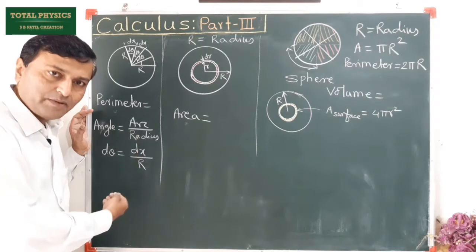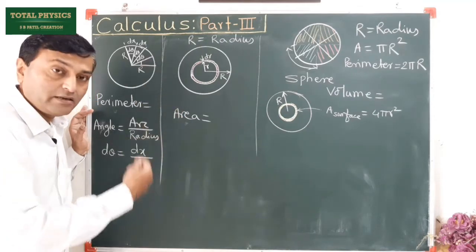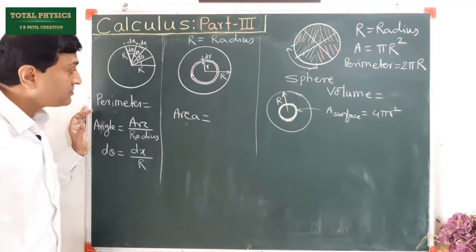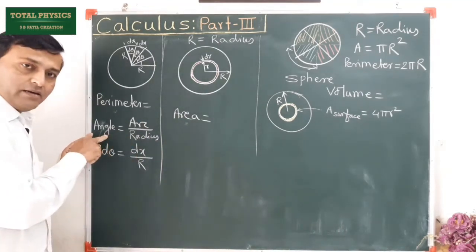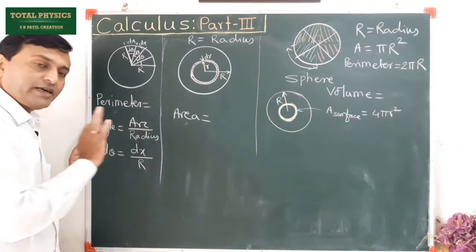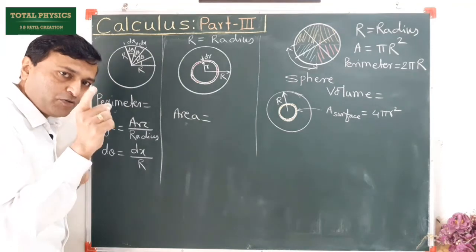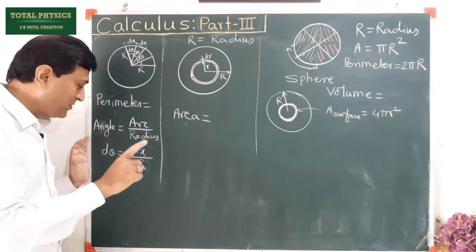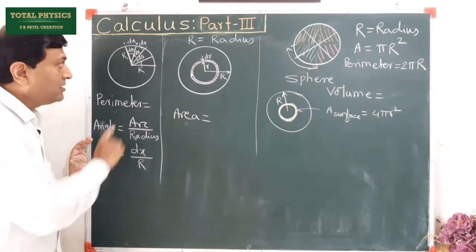Now we will develop the formula for perimeter. We will develop the formula pi r square, the area of a circle. See, this is the basic formula of angle: angle is equal to arc upon radius. In this case, I have taken a small angle. Now you know what is small: infinitesimally small. d theta is an infinitesimally small angle.